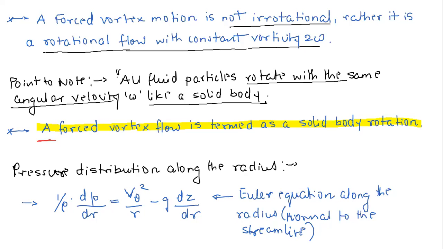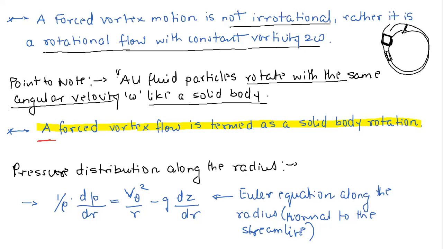That means if you place, in this forced vortex flow, a rectangular element, or let's say you create a rectangular shape using matchsticks and drop it in, what is going to happen? You will find it is not going to deform. It will behave like a solid body.